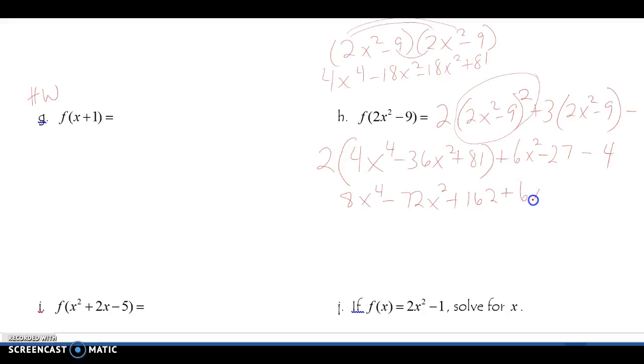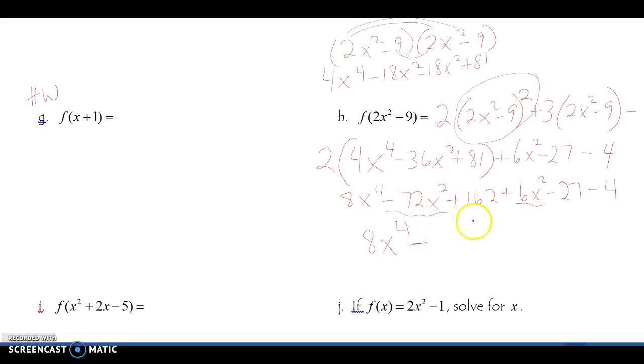Let's rewrite the rest of this. Now we're going to combine all like terms. Let's see, here these are like terms, so we're going to combine those. We're going to get a negative, let's see, 64?